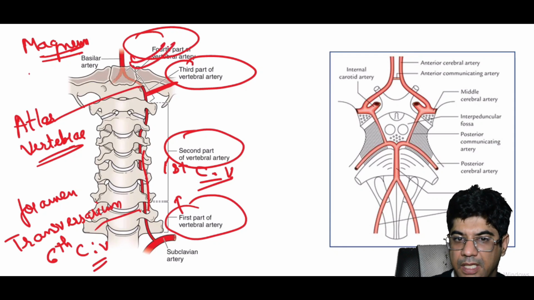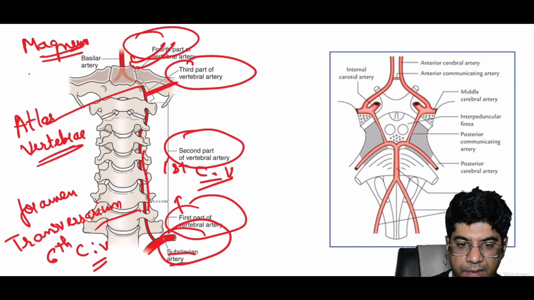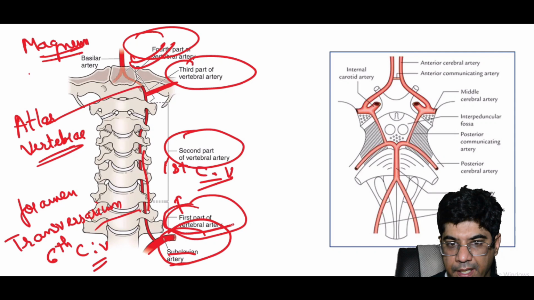So the first part starts from its origin. It originates from the subclavian artery. It is located just near your shoulder. So this part of the artery travels upward and reaches the foramen transversarium of the sixth cervical vertebra.